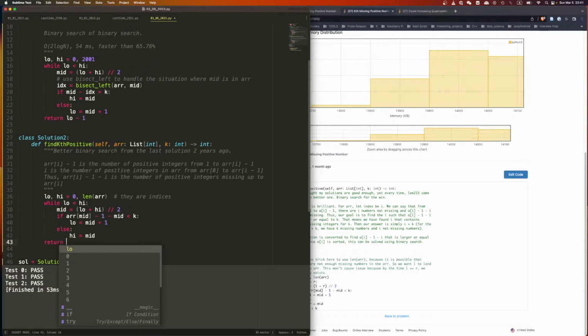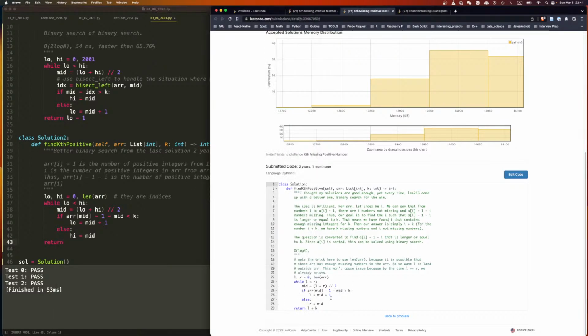Actually, I don't understand. I thought I understood, but I didn't. I understood this. I don't understand the return. Goal is to find I such that this is larger or equal to k.